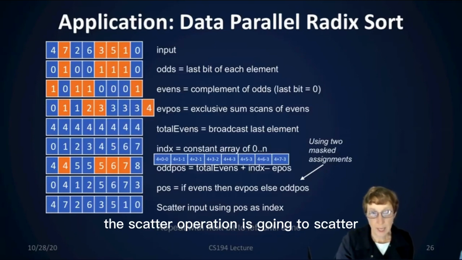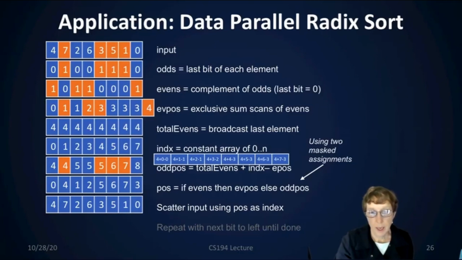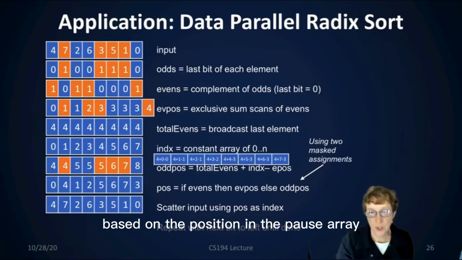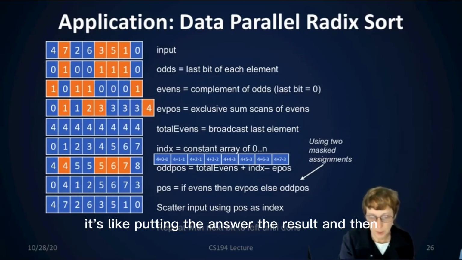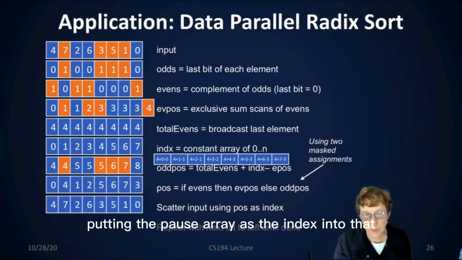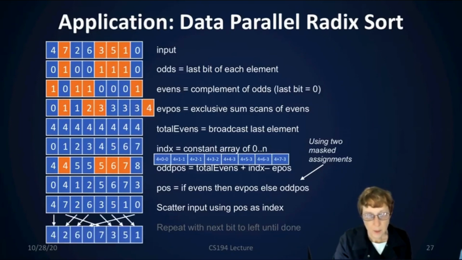Okay, now the scatter operation is going to scatter the original input array based on the position in the pos array. It's like putting the result, and then putting the pos array as the index into that. So what does that say?